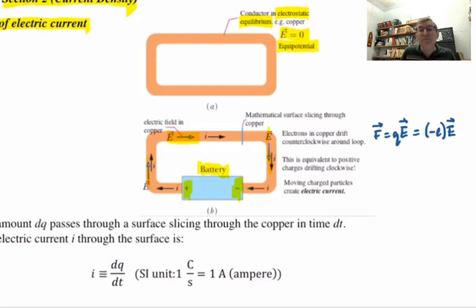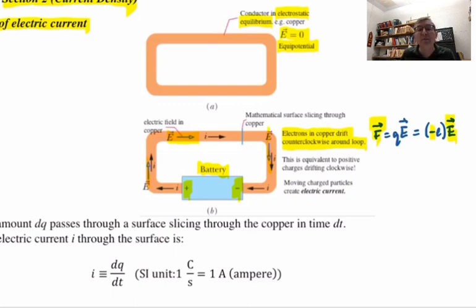That tells us that this force that's going to cause our electrons to accelerate, F, because of this negative sign, is opposite to the direction of the electric field in the copper. So that's why I wrote this right here. Electrons in the copper drift counterclockwise around this loop, opposite to the direction of the electric field, all because of the negative charge of an electron.